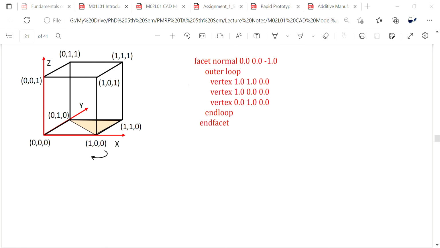And this is the center of this triangle, which will have an outward normal for this. I will just write it for a clear mention.